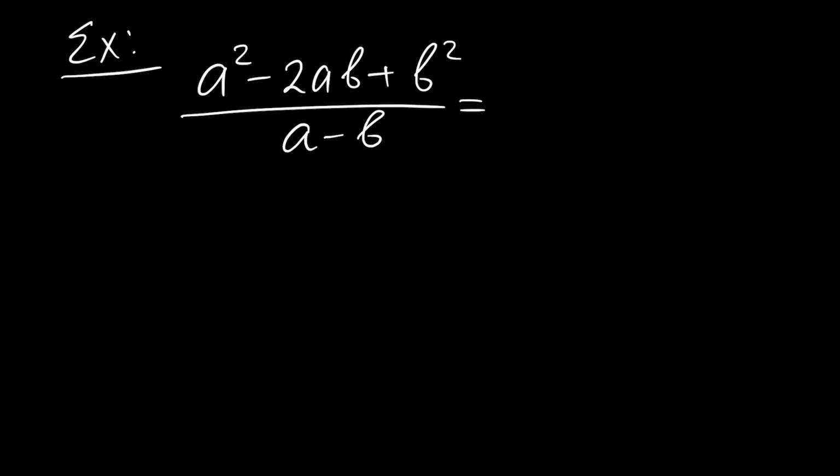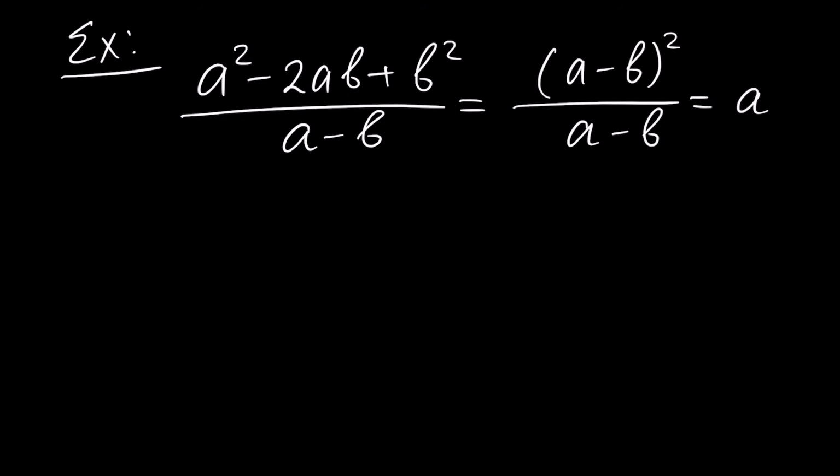Using shortcut multiplication formulas we gave earlier in our algebra playlist, we know that this polynomial in the numerator can be written as a minus b squared, and divided by a minus b, this is equal to a minus b, and that's all. So we transformed our complex algebraic expression into a simple one.